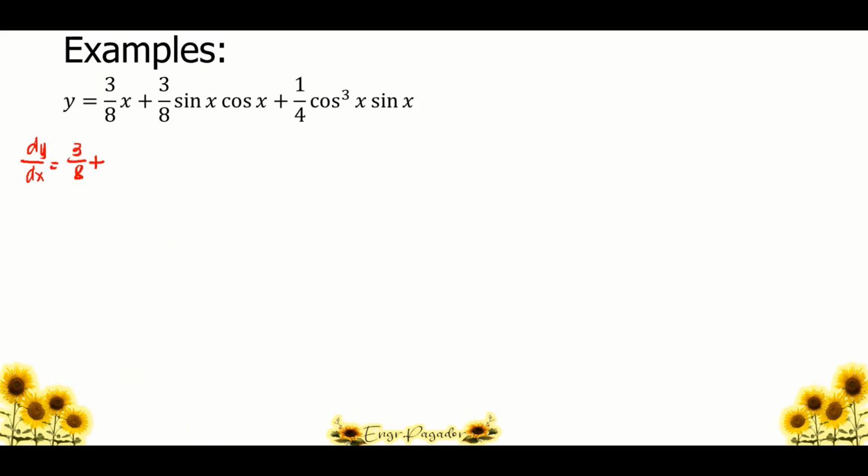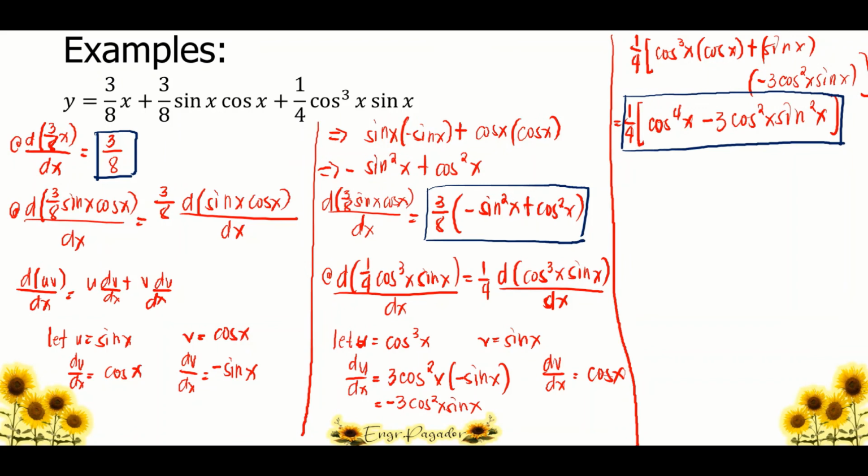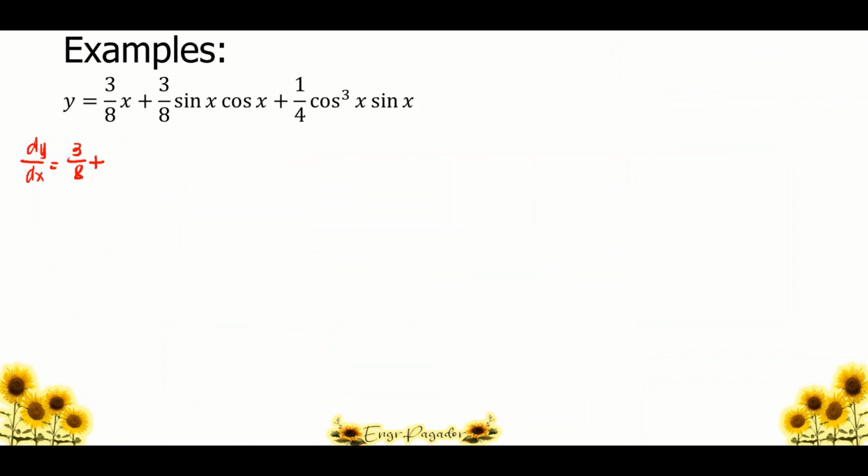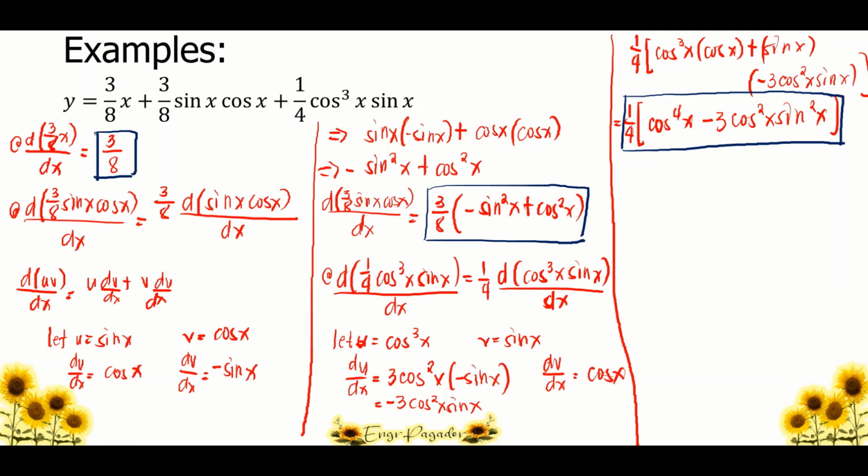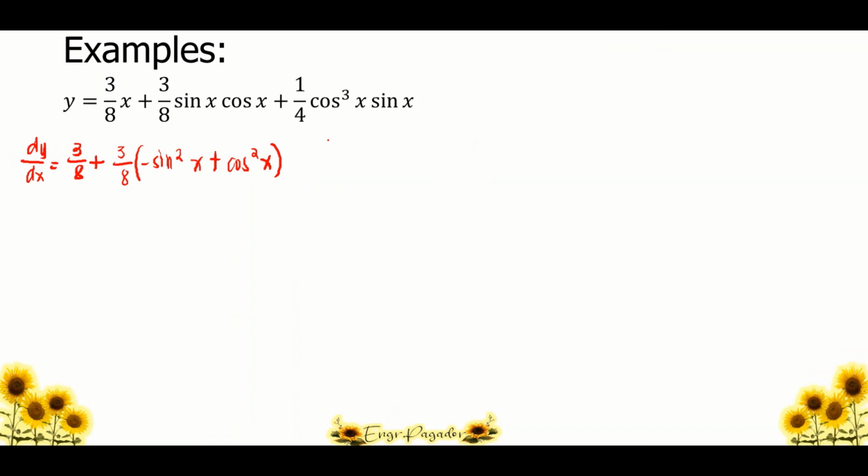And then, we add the derivative of the second function, that is 3 over 8 times negative sine squared x plus cosine squared x. And for the third function, that is 1/4 cosine raised to 4x minus 3 cosine squared x sine squared x. So, plus 1/4 multiplied by cosine raised to 4x minus 3 sine squared x cosine squared x.